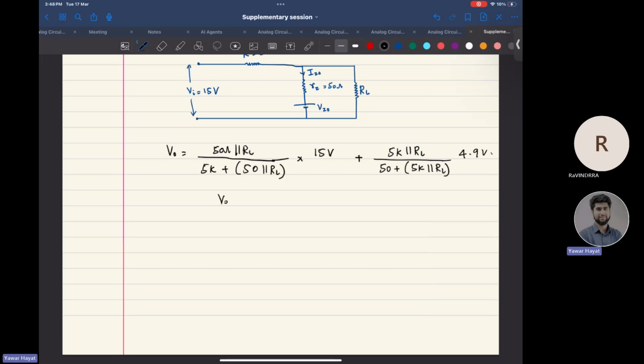So your V output would be equal to 4.95 volts.